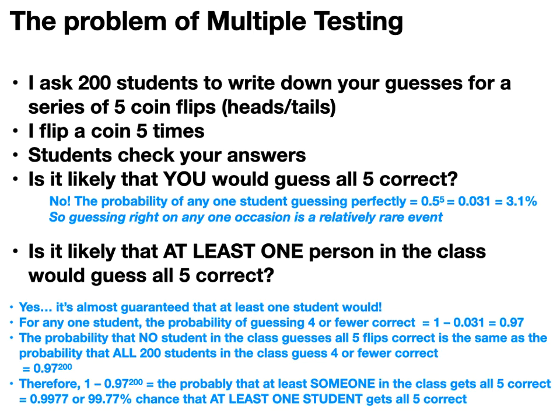Okay, so that number is the probability that no student in the class guesses all 5 flips correct. So then all we have to do is take 1 minus that number, and that gives us the probability that at least one student in the class gets all 5 correct. And it turns out that 1 minus 0.97 to the power of 200 is about a 99.77% chance that at least one student gets all 5 correct.